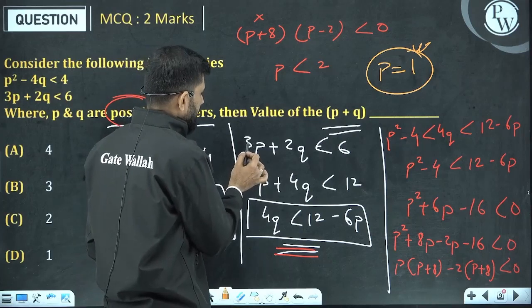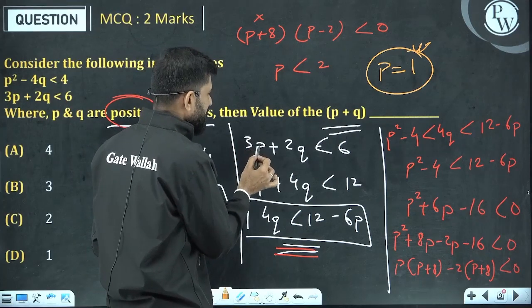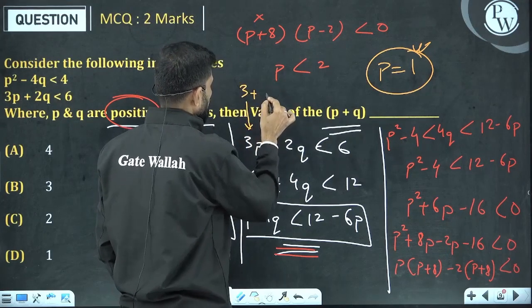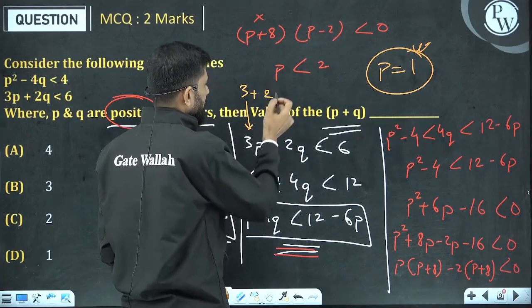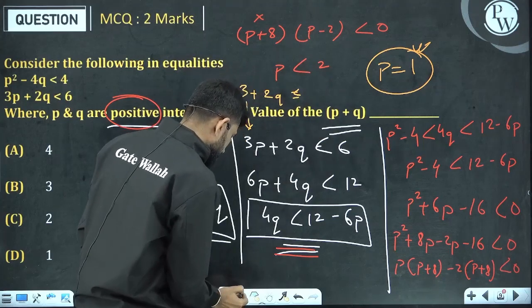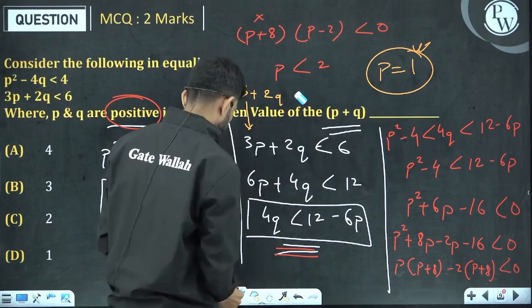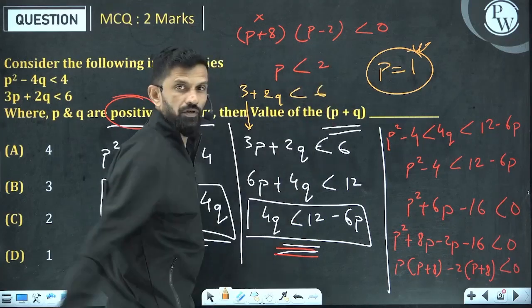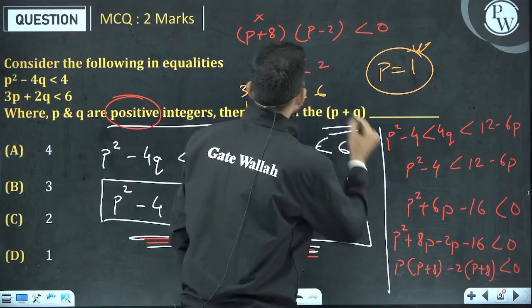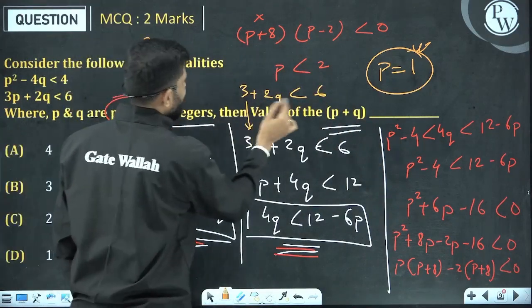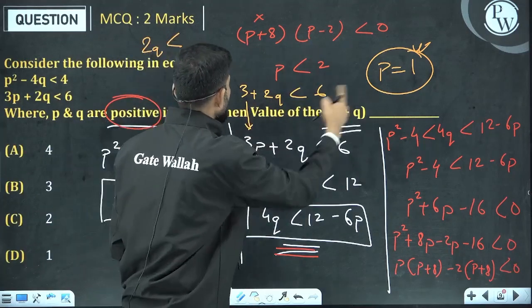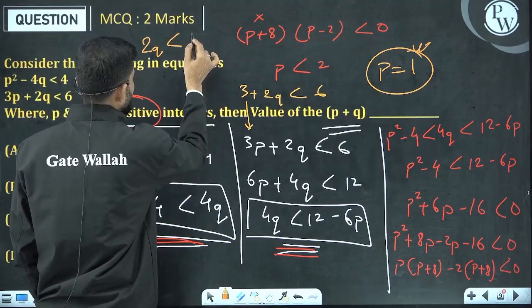So it will be 3 into 1, that is 3, plus 2q is less than 6. Now from here we can say that 2q is less than 6 minus 3, that is 3.